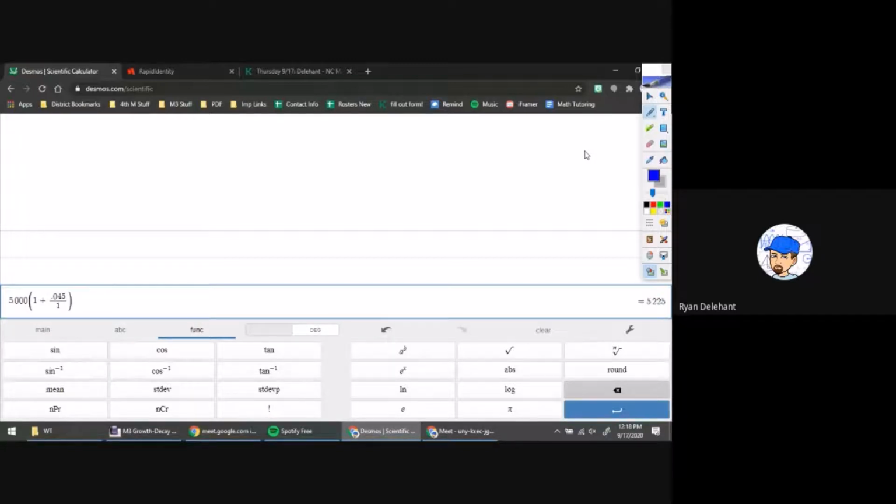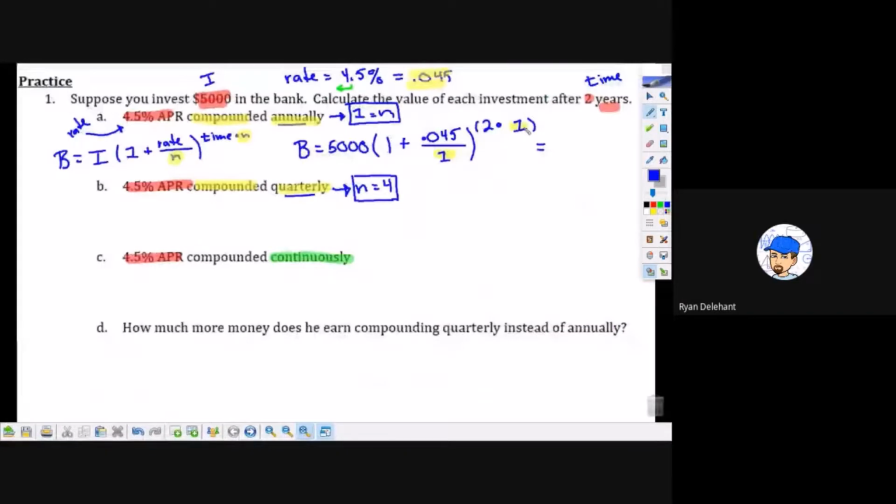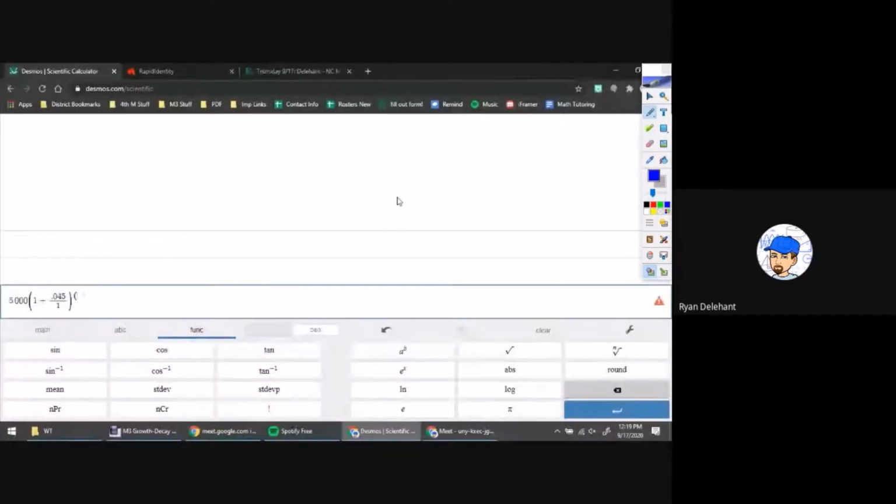And then power, you're going to want to come in here and hit this A to the B down on the right side. I'm in the function menu here, see? And then we're going to type our powers in. I'm going to put them in parentheses just because that's the same way that I had written it on the sheet. 2 times 1. So we come back up here and we go 2 times 1. I don't need to hit enter or anything else. It tells me the answer right here.